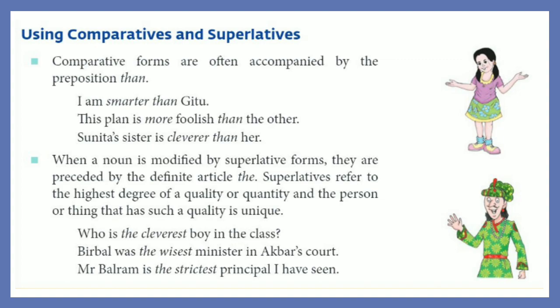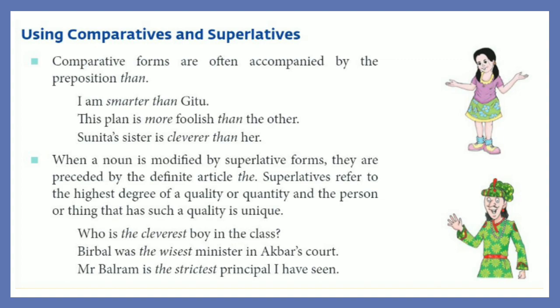Articles we have already completed in our previous classes. There are 2 forms of articles, definite and indefinite. So, before the superlative form of the words, we are supposed to use the definite article the. Why?